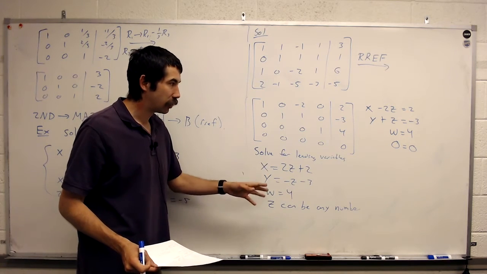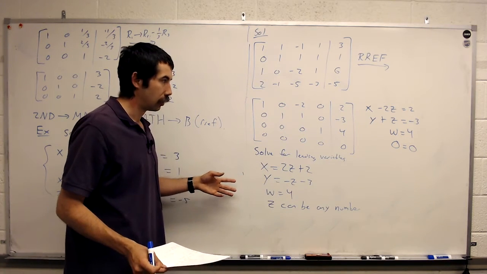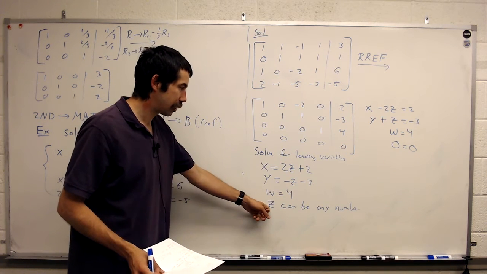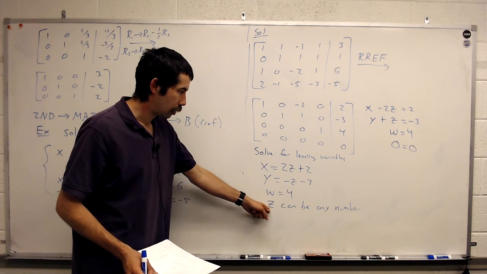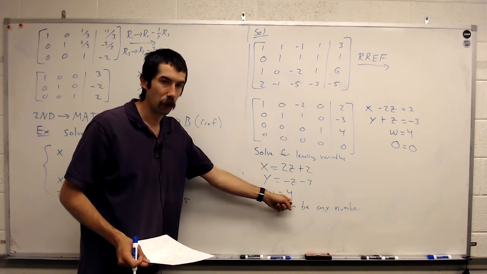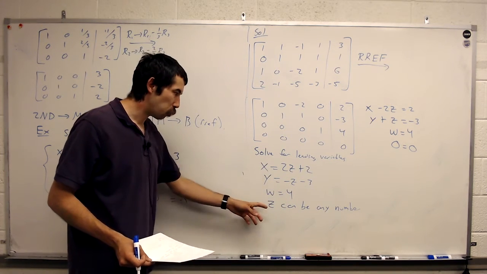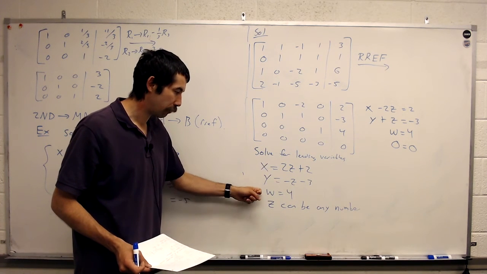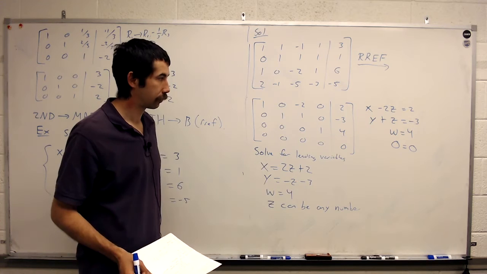So each value of z gives us a different solution. There's infinitely many solutions to this system. Right? If z was 0, then x would be 2, y would be negative 3, and w would be 4. If z was 1, that gives us a different solution. 4, minus 4, 1, and 4.